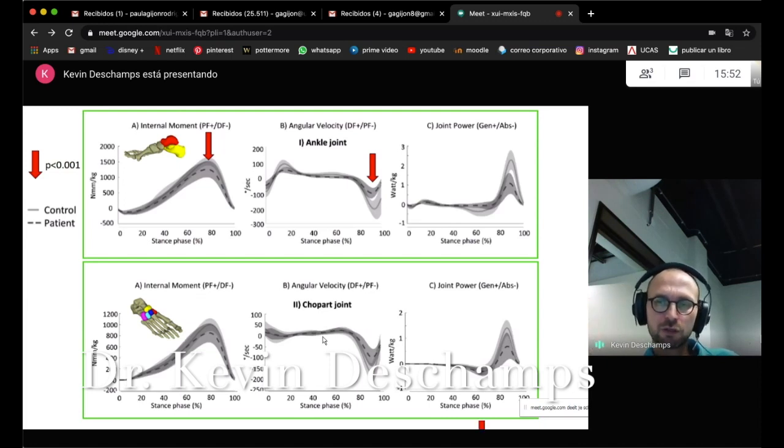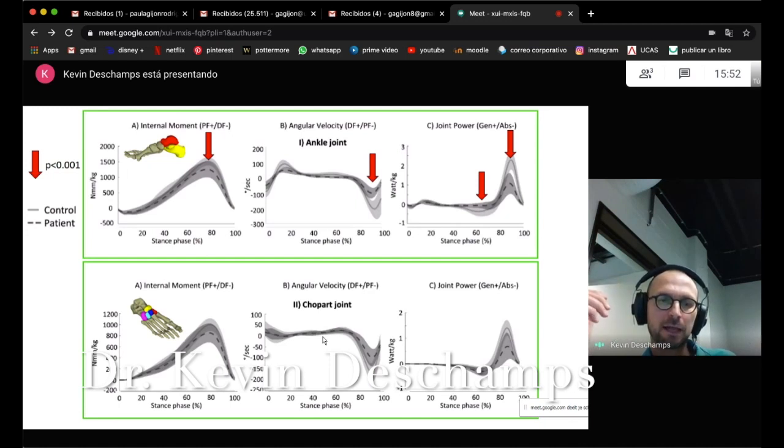As a consequence, you may observe here that the power absorption and the power generation were critically decreased in the ankle in that population. So the idea was now to look at the other joints. Are those joints capable, or is it a strategy to increase or compensate for that loss of power absorption, for example, in the other joints?